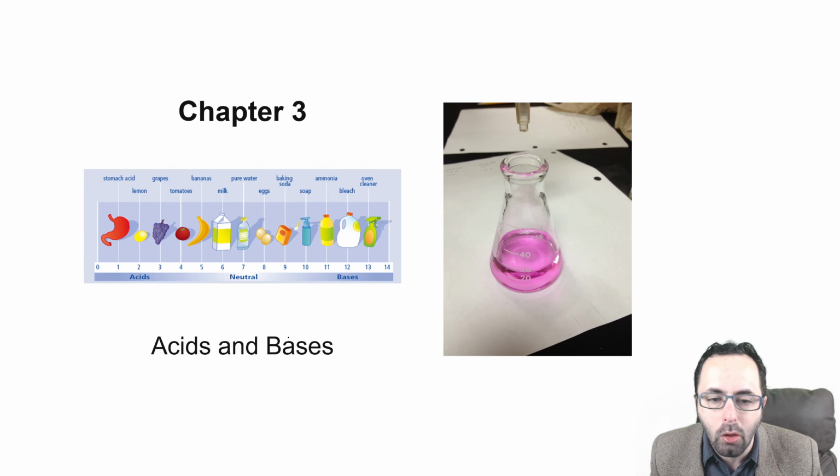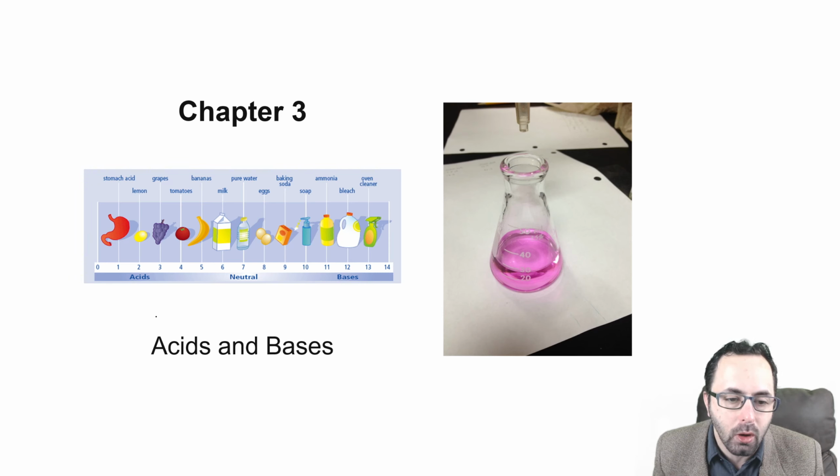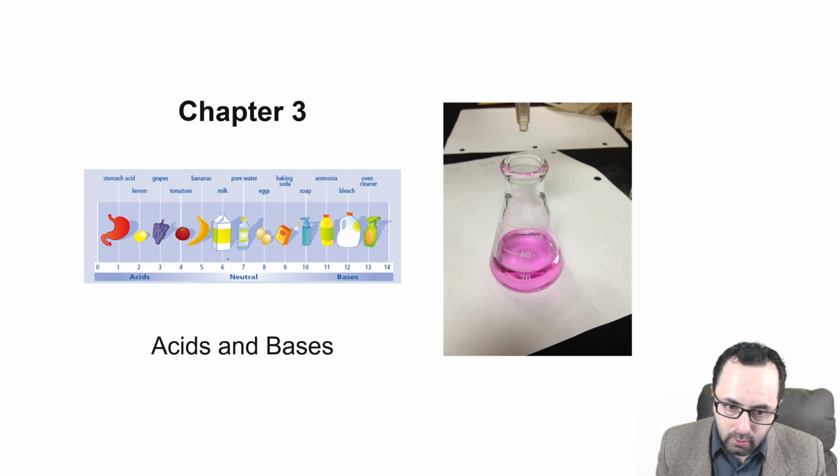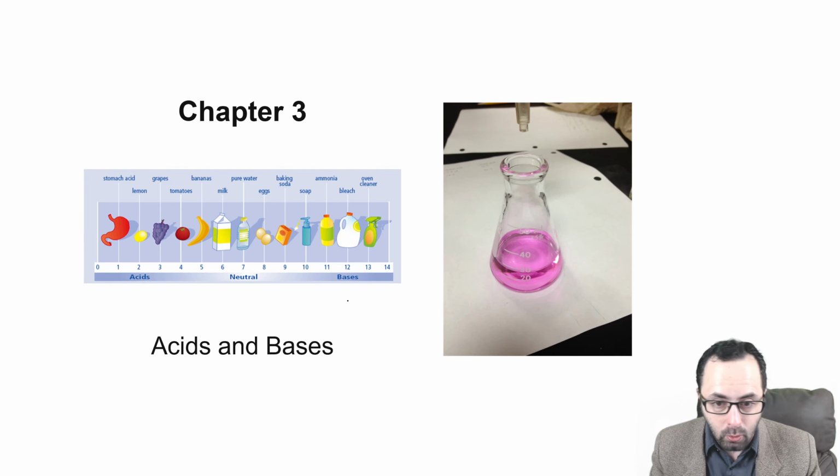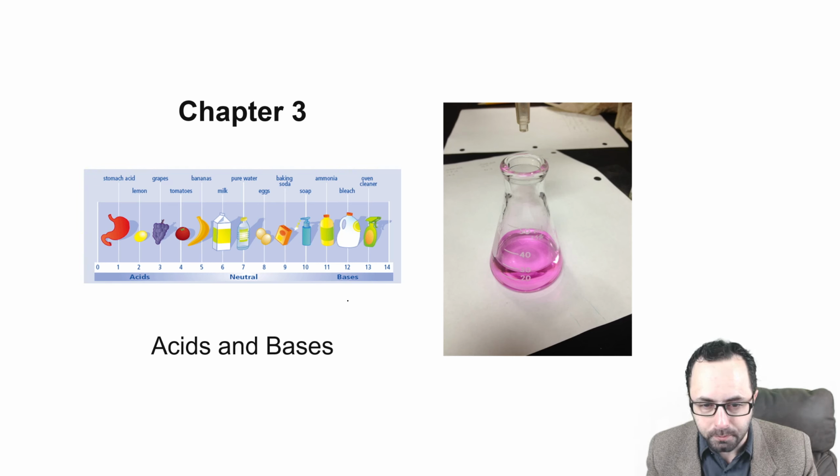You'll find them all over the place. Your stomach acid is quite acidic with a very low pH of 1. So low pHs below 7 indicate an acidic solution, and higher pHs indicate a basic solution.